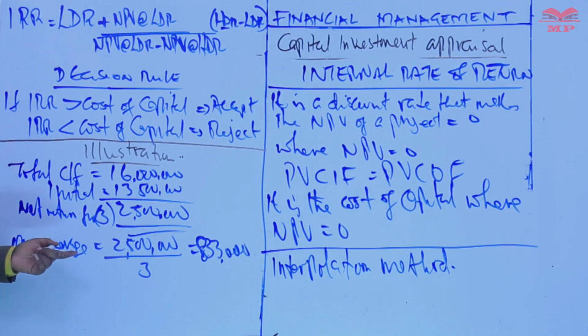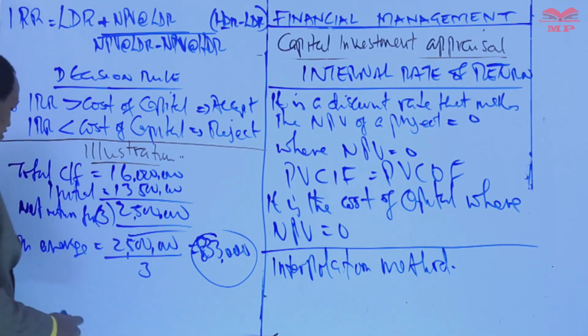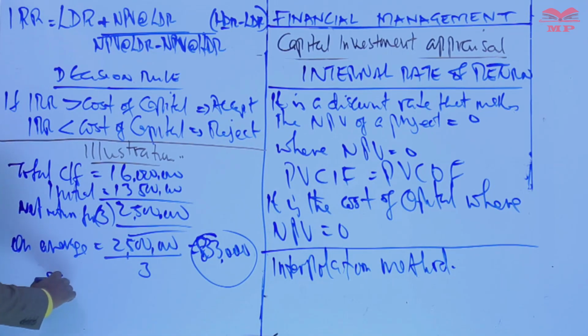Now, if you are to convert this as a percentage of the initial outlay, what is the return? We are going to have the 833 divided by the initial. Initial is how much? 13,500.